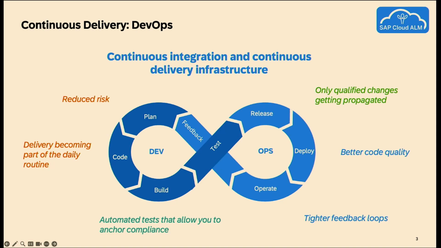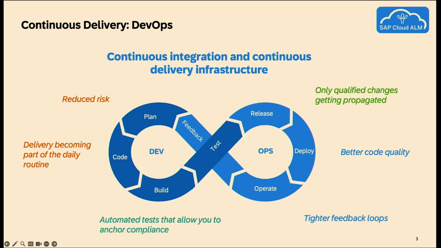Maybe you will ask why do this, why change the way I'm working. Maybe you are already doing DevOps and following those principles. Personally, I think they are very interesting if you develop custom applications on SAP BTP. Wieland explained that yesterday during the keynote.